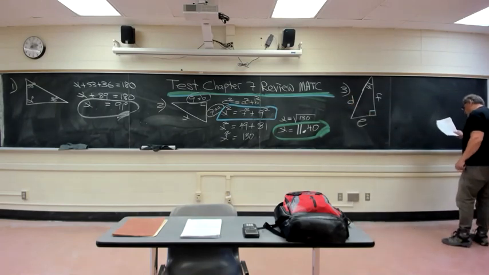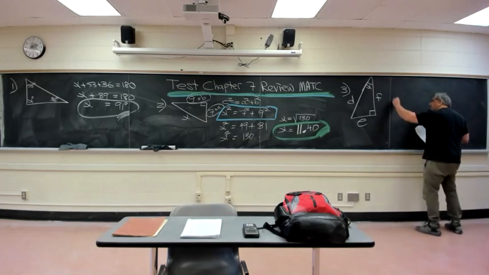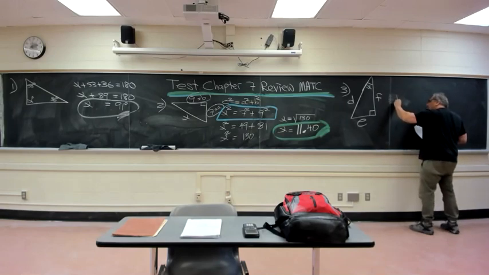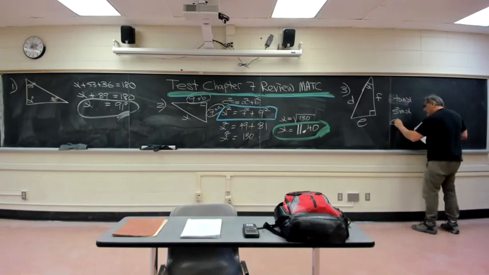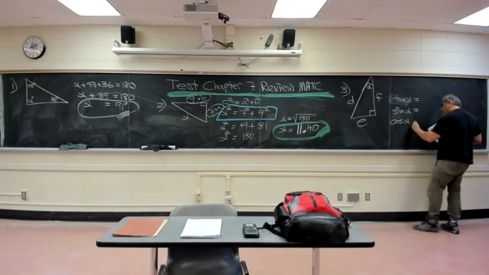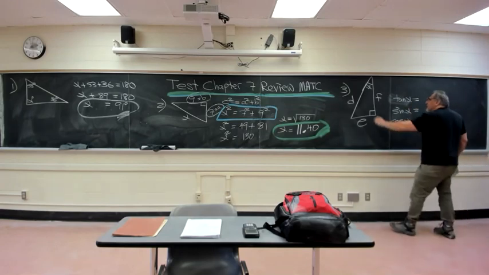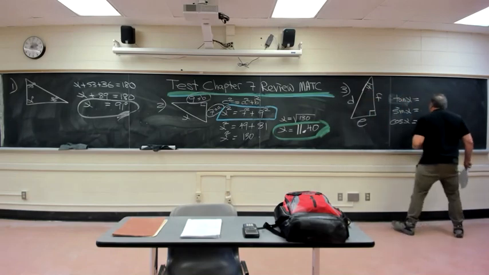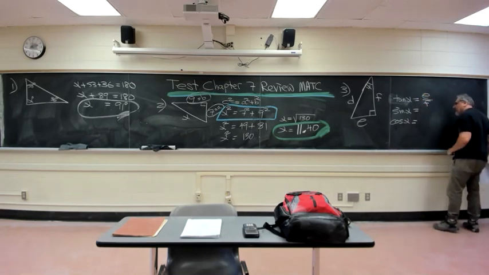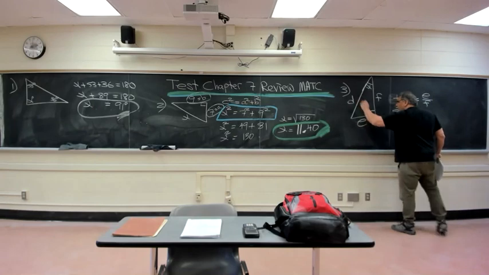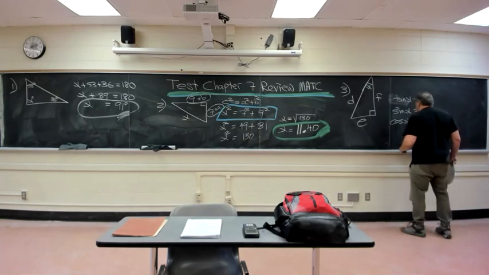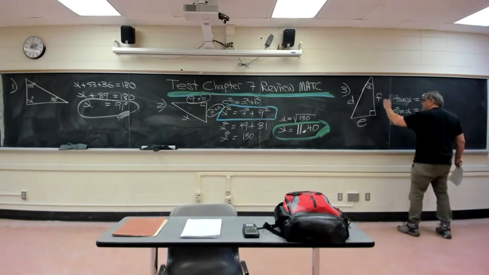And we know how to do this. Tan x, sine x, cosine x. The tan x is opposite over adjacent, that's E over F. Sine x is opposite over hypotenuse, that's E over D. And then cosine of x is adjacent over the hypotenuse.